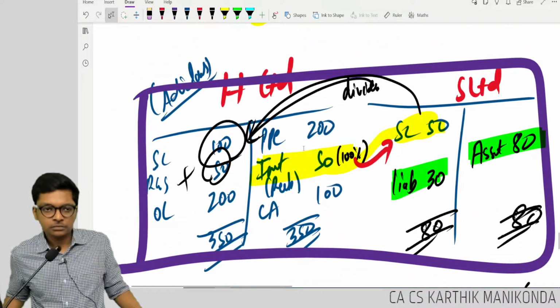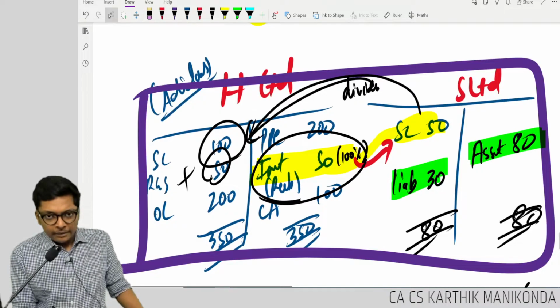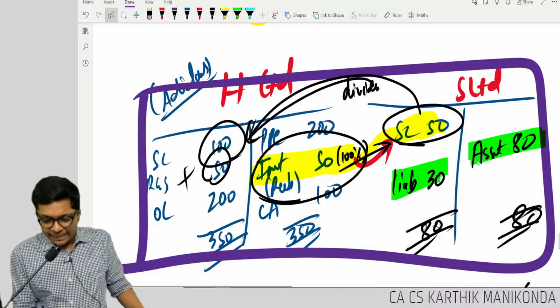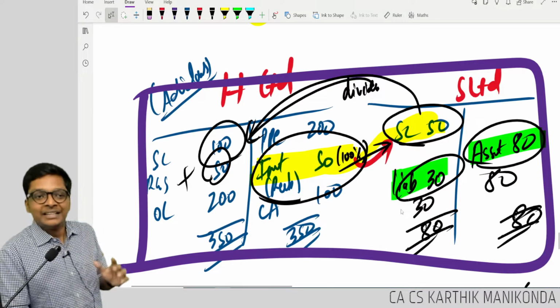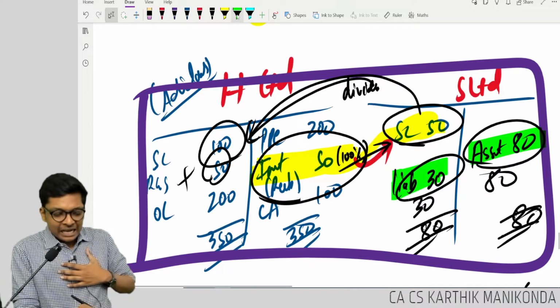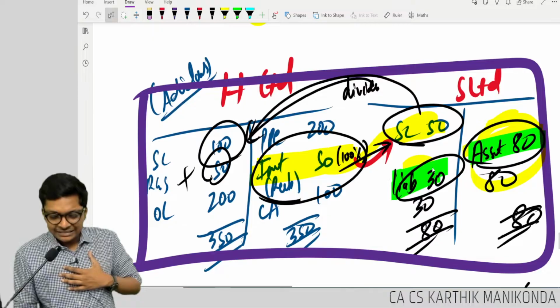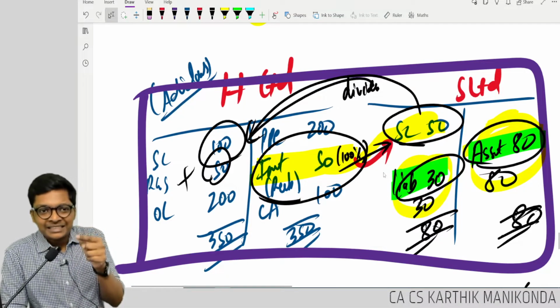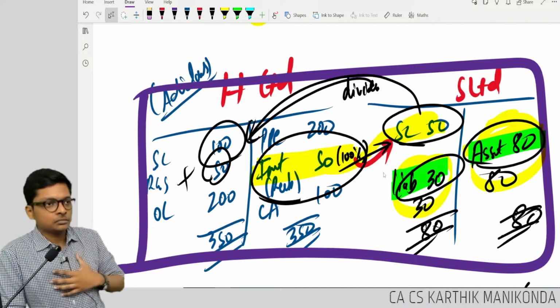But here, investment in subsidiary means this 50 where you have invested represents assets of 80 minus liability of 30. That means I have full control over these assets. I have full control over this liability. If I want, I can sell those assets, correct?